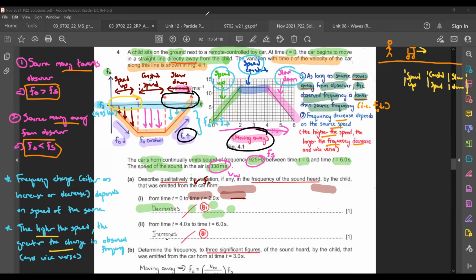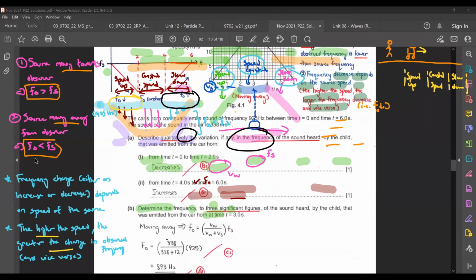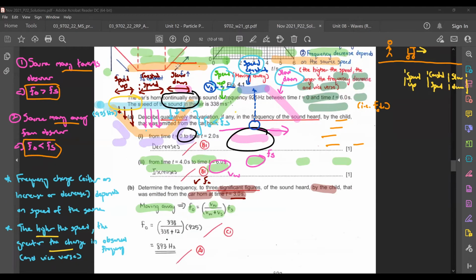So at t equals 3 seconds, over here, this is the speed of our source, which happens to be 12 meters per second, if you read the graph. Okay, so we know everything, we just sum everything: 338 over 338 plus 12, multiplied by 925. This will be our observed frequency at 893 Hertz.